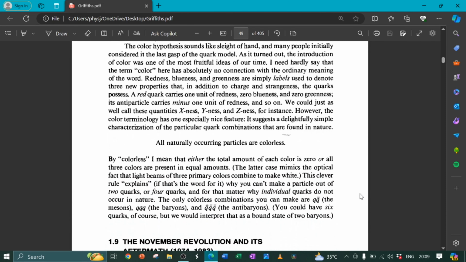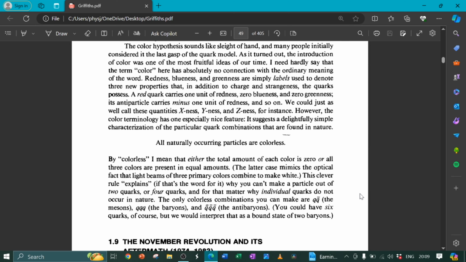The color hypothesis sounds like sleight of hand, and many people initially considered it the last gasp of the quark model. As it turned out, the introduction of color was one of the most fruitful ideas of our time. I need hardly say that the term color here has absolutely no connection with the ordinary meaning of the word.